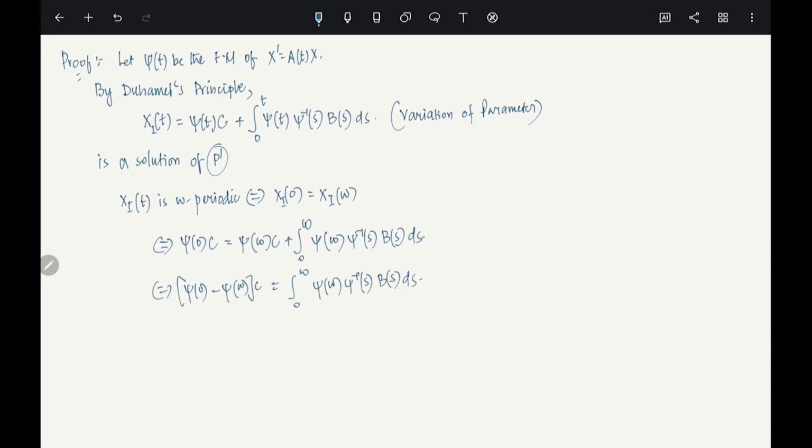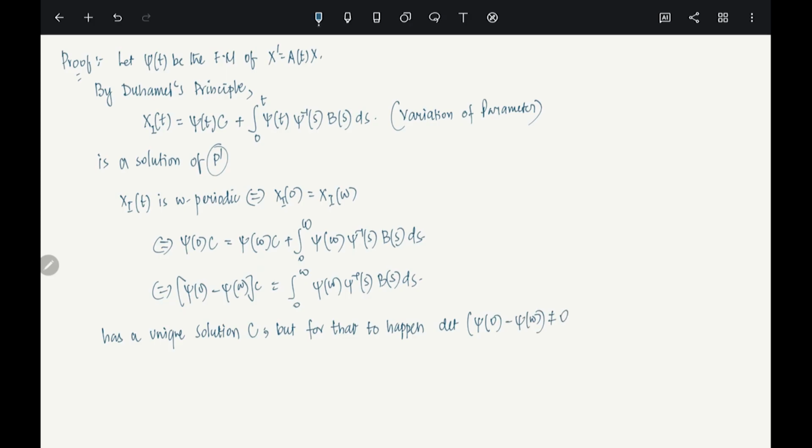Now you see, this system has a unique solution C. But for this system to have a unique solution, you need the determinant to be non-zero. So the determinant of phi 0 minus phi W has to be non-zero.